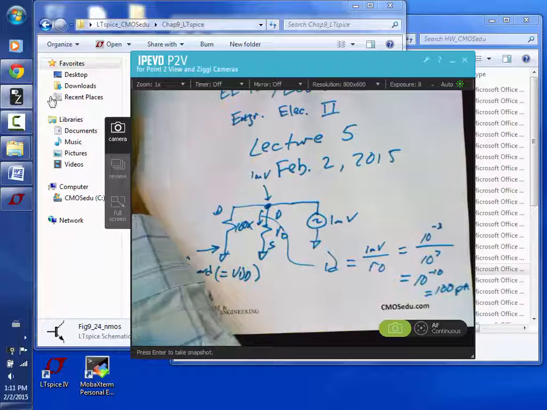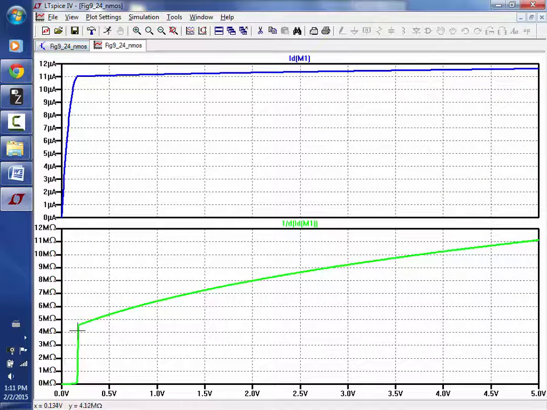Now, if I go back here and I look, my R out's varying from 4.5 meg up to 11 meg, right? So that's 200% variation. So depending on what my drain to source voltage is, if it's here, I'm going to get more current flow because I've got a smaller resistance than if I'm over here. No?